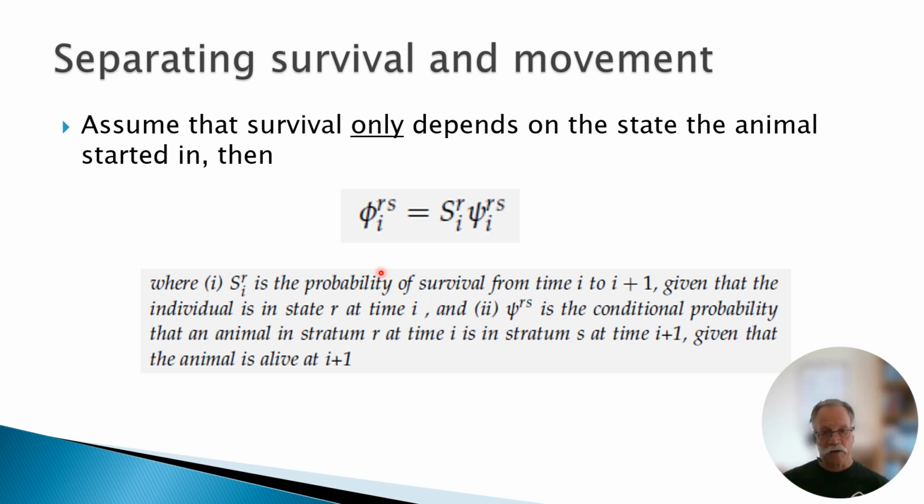So we've just been focusing on VRS, meaning probability of surviving from state R to state S at time I, and that can be decomposed into survival at site R. Okay, so the key here is that survival is always associated with the site where that animal was last captured.